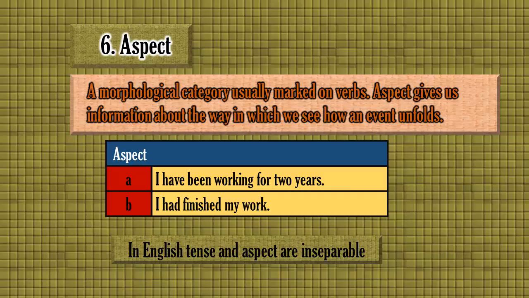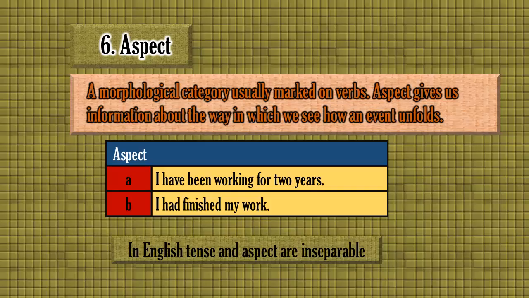The next category in inflectional morphology is aspect. It is a morphological category usually marked on verbs. Aspect gives us information about the way in which we see how an event unfolds. Look at the two sentences given in this table.